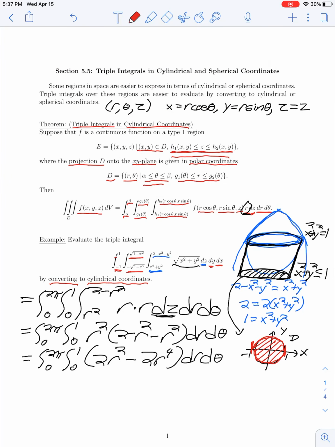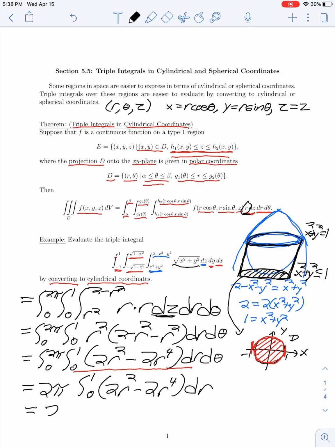Notice that our innermost integral with respect to r is constant with respect to theta. So if I were to pull that inner integral with respect to r out in front of my theta integral, then I would be left with the integral from 0 to 2 pi of d theta, which is just 2 pi. So we have a constant 2 pi out in front times the integral from 0 to 1 of 2r squared minus 2r to the fourth dr.